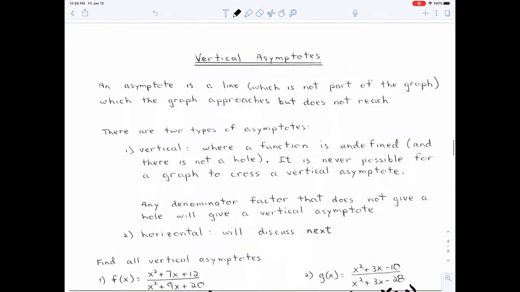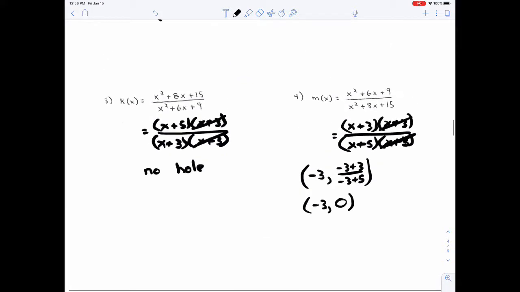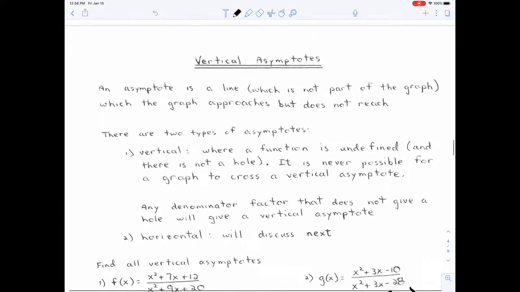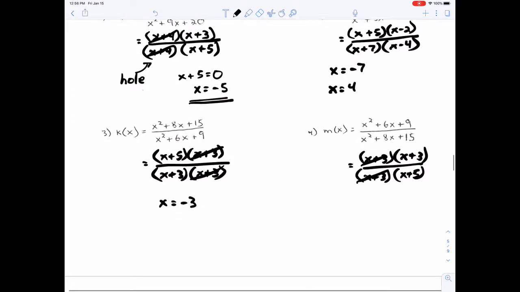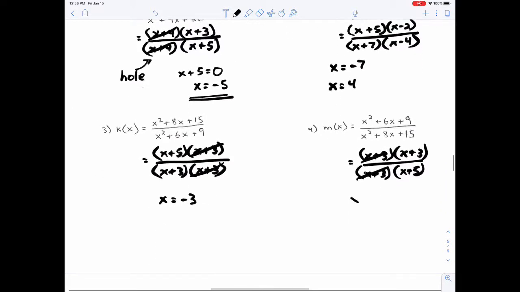So just like up here, we had a hole on number 4. But I didn't ask you for the holes here. I asked you for the asymptote. And what's left over after you cancel? x equals negative 5. That's a line that is not part of the graph, but it's something that the graph will approach but not reach. That's how you find a vertical asymptote.